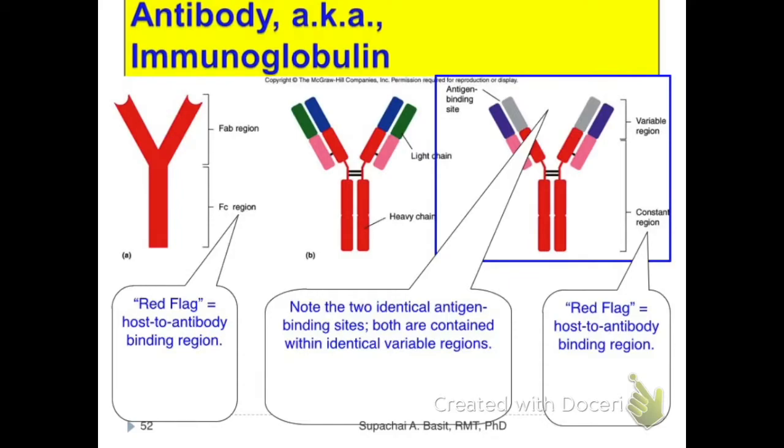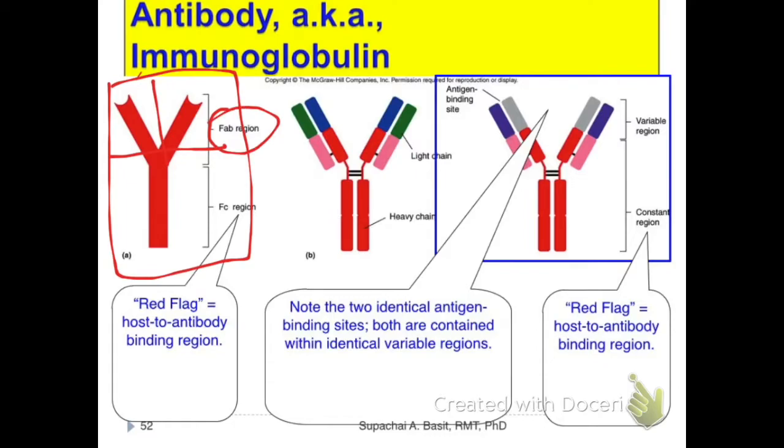This is how we depict antibodies for illustration purposes. Each monomer is divided into three regions actually. We have two FAB fragments for antigen binding, and this portion here we call the FC fragment crystalline, because this is the one that crystallizes upon purification.